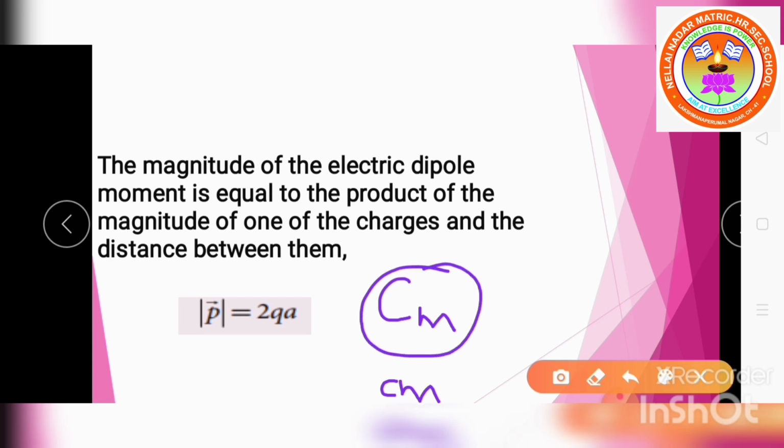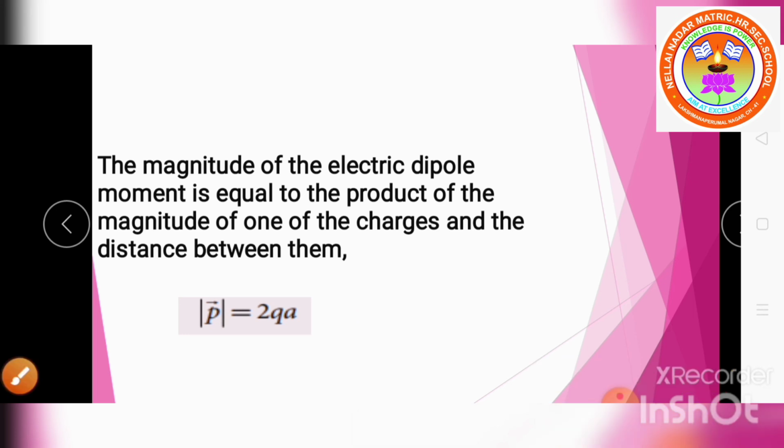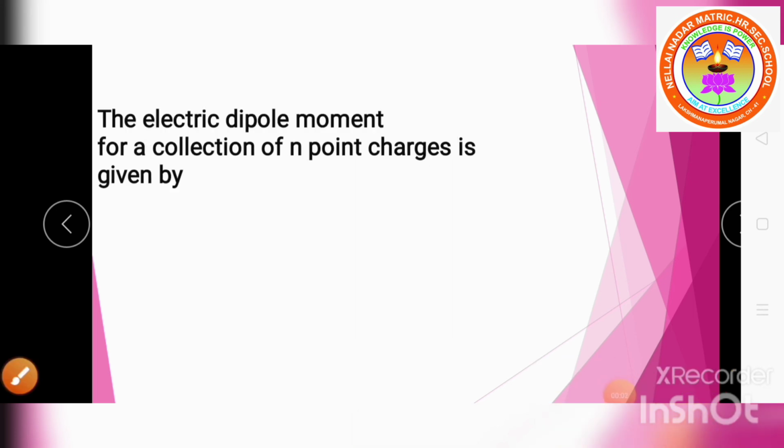It is also possible to define and calculate the electric dipole moment for a collection of point charges. The electric dipole moment for a collection of n point charges, q1, q2, q3, up to qn, is given by P vector equal to the summation from i equal to 1 to n of q i r i vector.